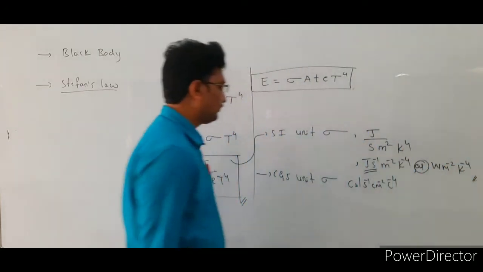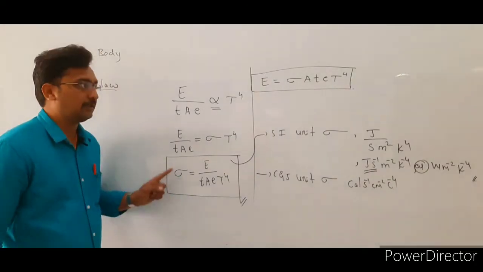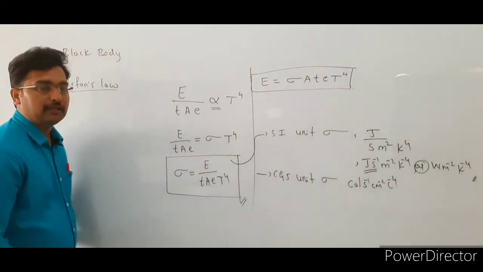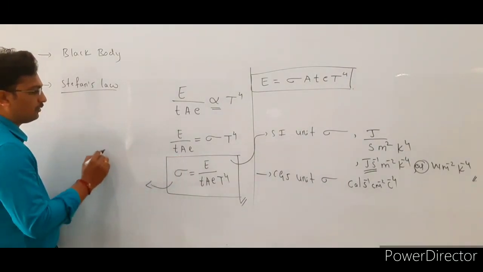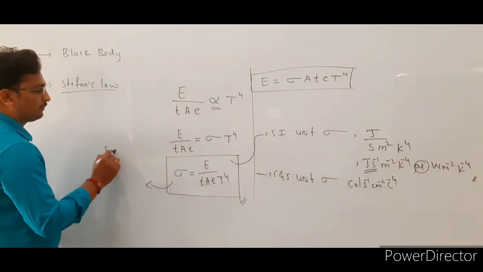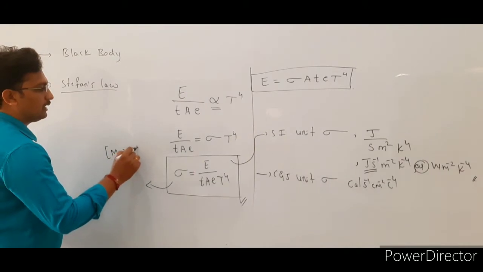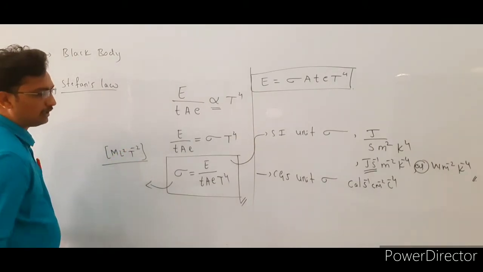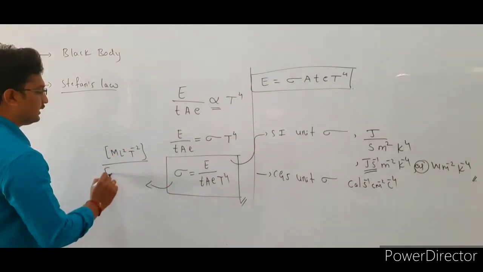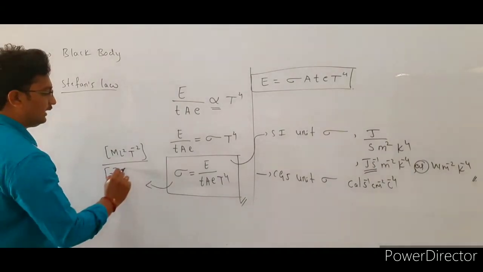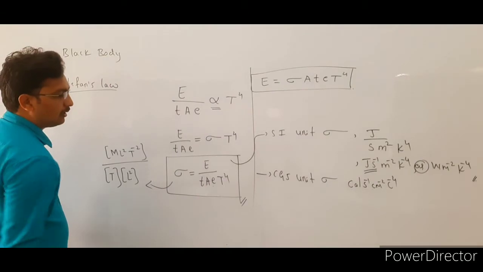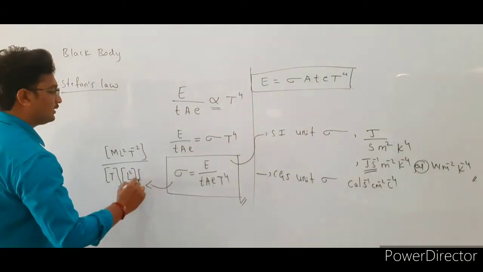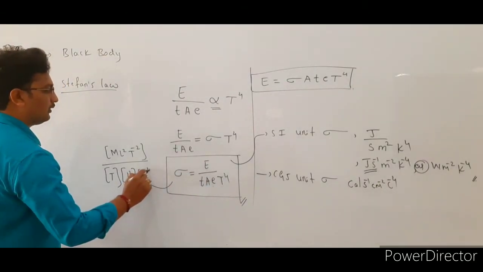Right? Then what is the dimension formula for sigma? Okay, see here. So already we know that the dimension formula for energy is M L square T to the power of minus 2. This is the dimension formula for energy, and the time is capital T, and area is L square. Right? There is no dimension formula for emissive power, and temperature is K to the power of 4.